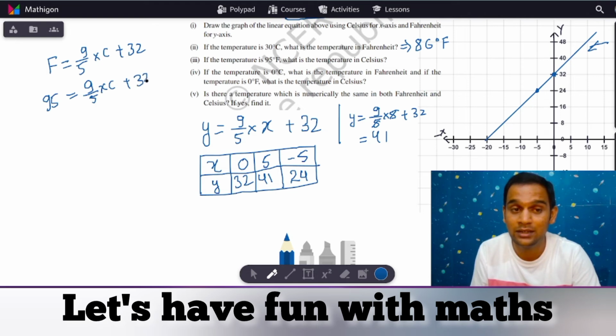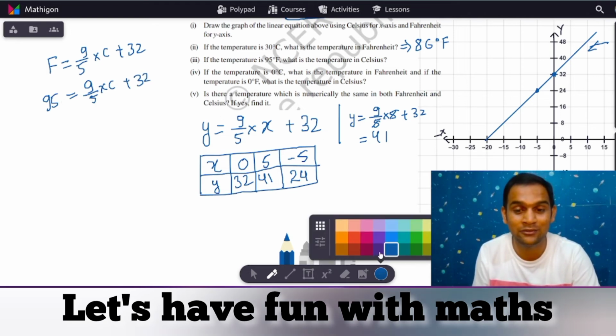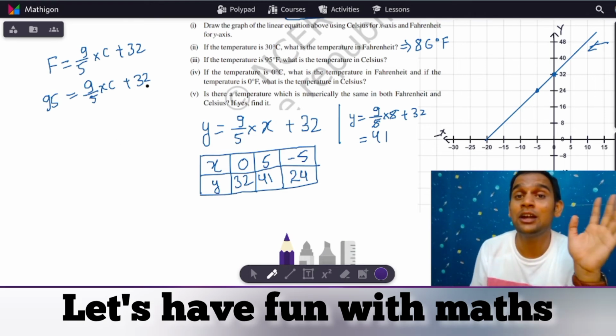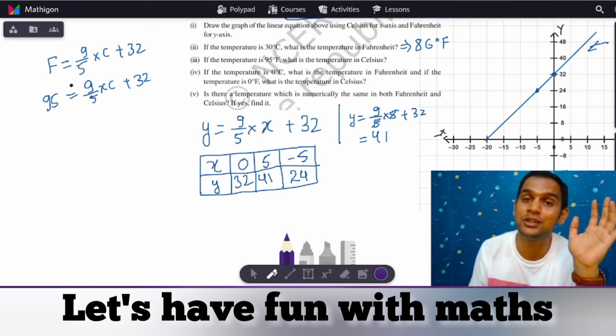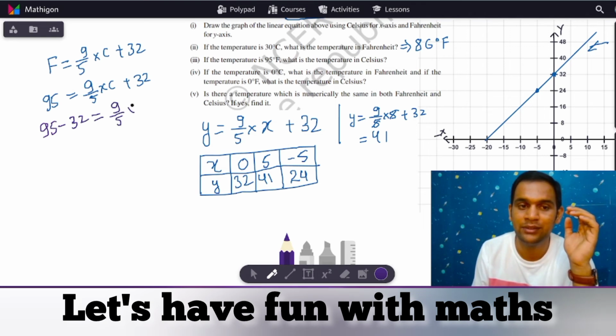Now your question might arise, can we take this 5 by 9 directly to the other side? No, no, my dear friends. Why? Because there are two different terms. So we have to first take this 32 to the other side. So this becomes 95 minus 32 equals 9 by 5 times C.